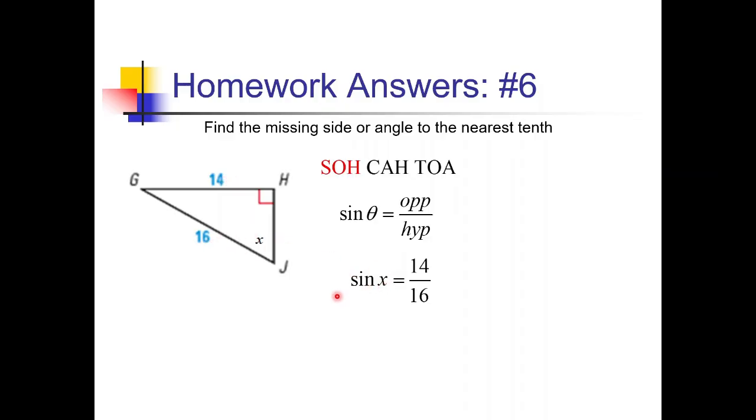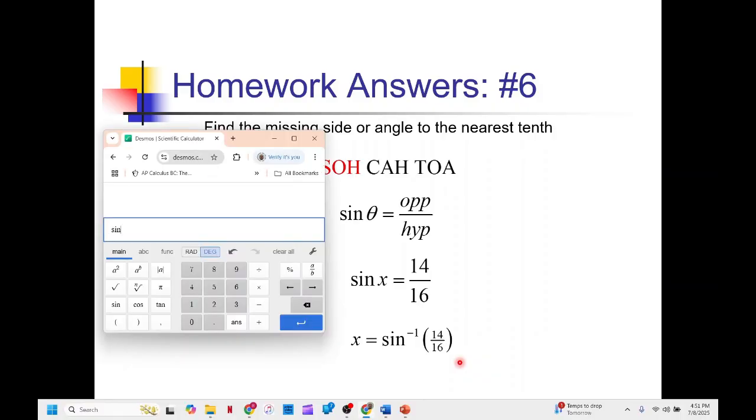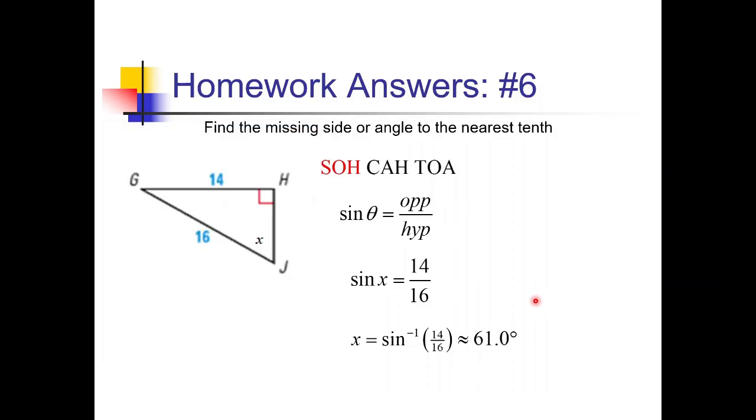And then I need sine inverse of both sides to get the x. So x equals sine inverse of 14 over 16. So let me do sine -1 on Desmos here, and then let me do 14 over 16, and that comes out to 61.0 degrees.